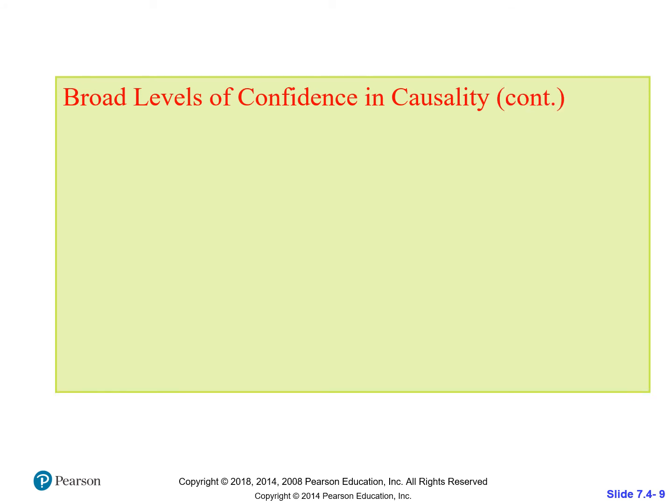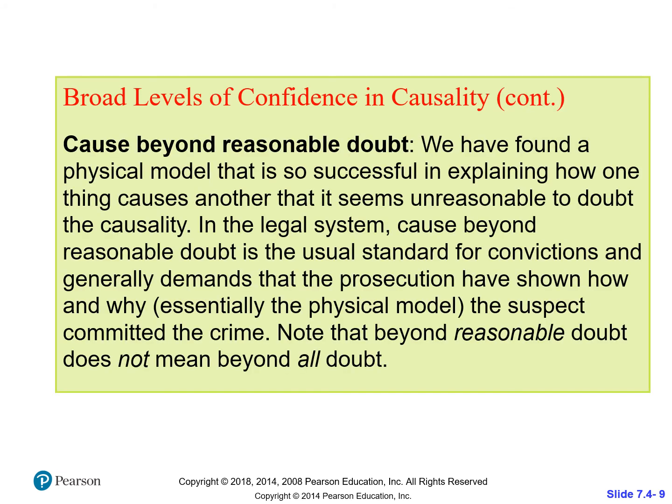And then the last broad level is cause beyond reasonable doubt. That's reasonable doubt, right? So we're not saying 100% we've proven, but we believe beyond reasonable doubt that there is a causal relationship. We have found a physical model that is so successful in explaining how X causes Y, it seems unreasonable to doubt the causality.